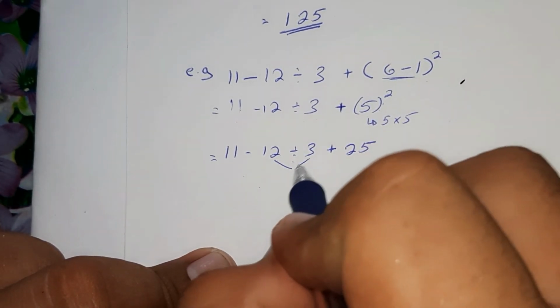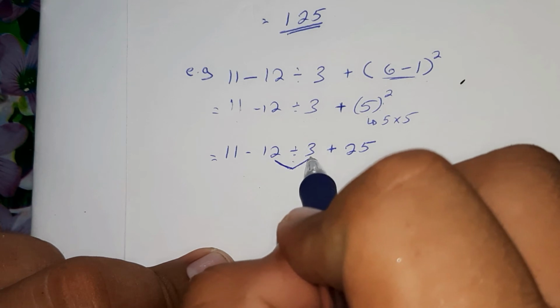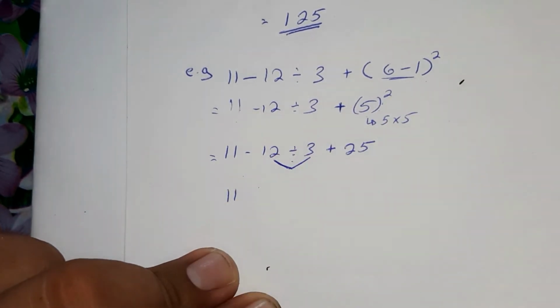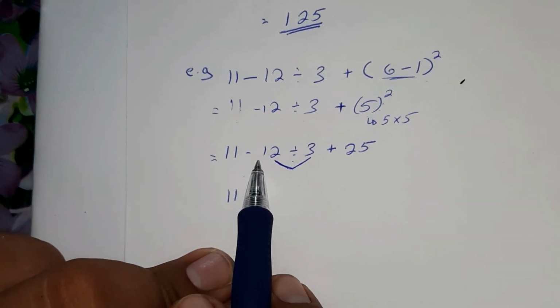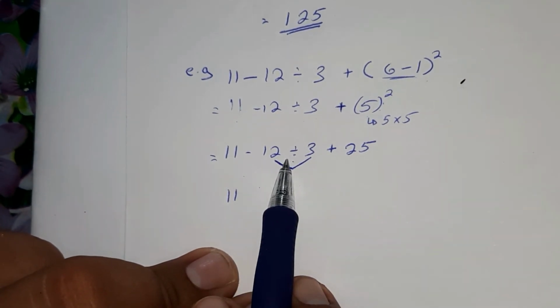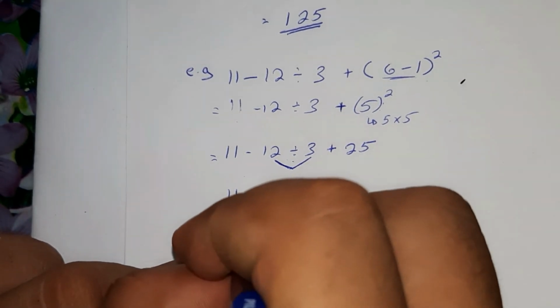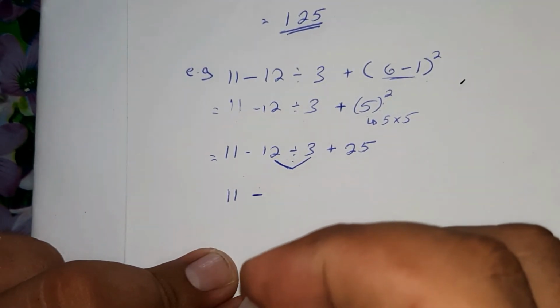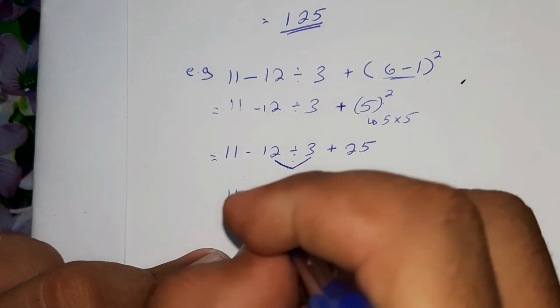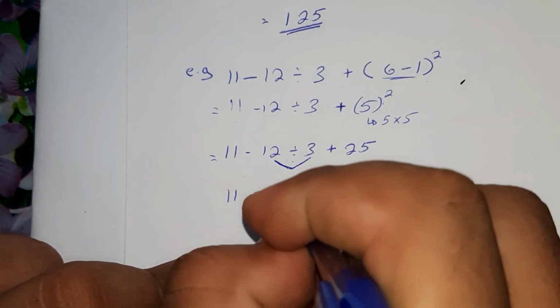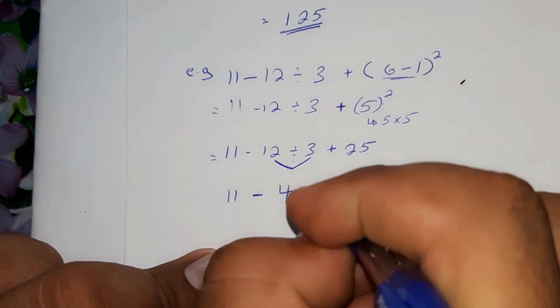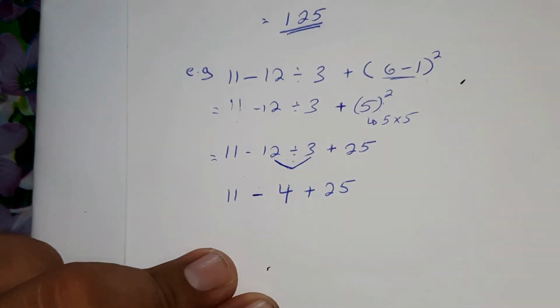So this is what we need to solve out. 11, bring down the 11. This one is negative 12 divided by 3. Negative and a positive is a negative. And then 12 divided by 3 is 4. Plus 25. Right?